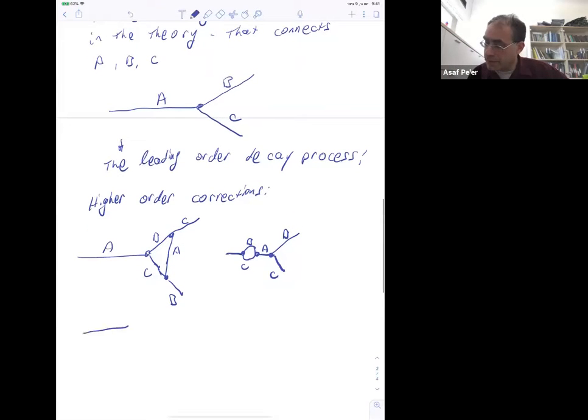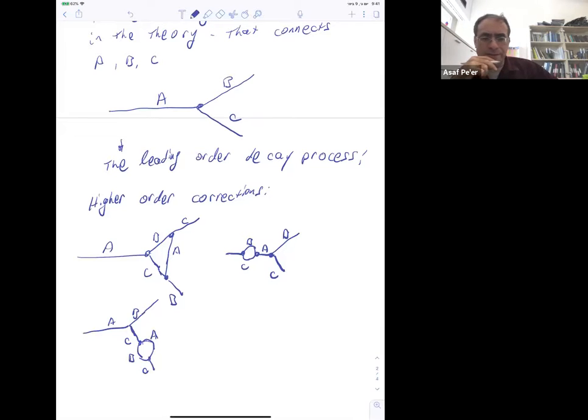So we can have A, B, C, and then the C interacts to get an A and B, and then they merge together back to a C. That's another correction.